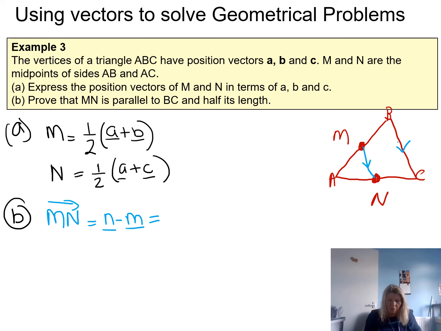And we've got left with a half of basically C take B. And we know that BC would be C take B. So we can see from that, I think we can make it that they are parallel. That's just 2 times as big as that one.